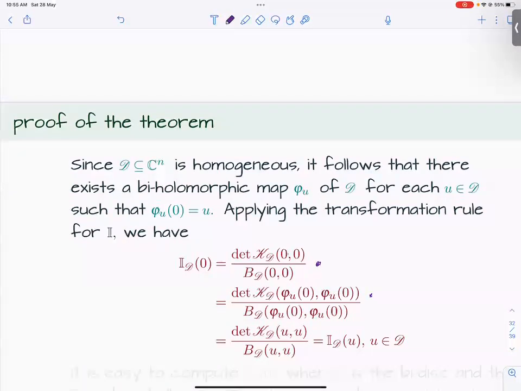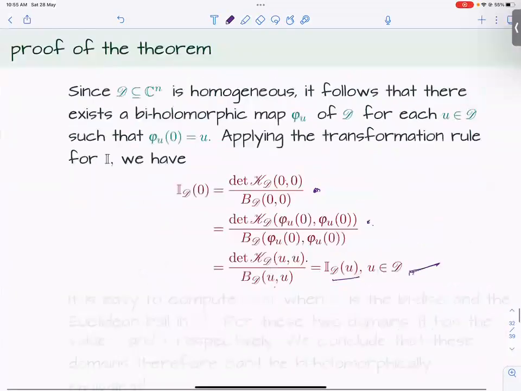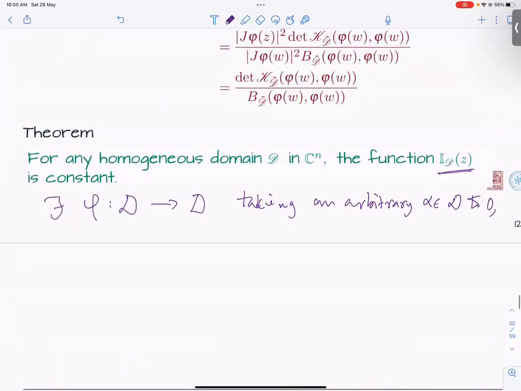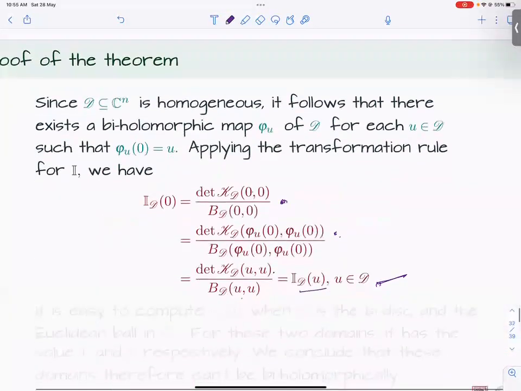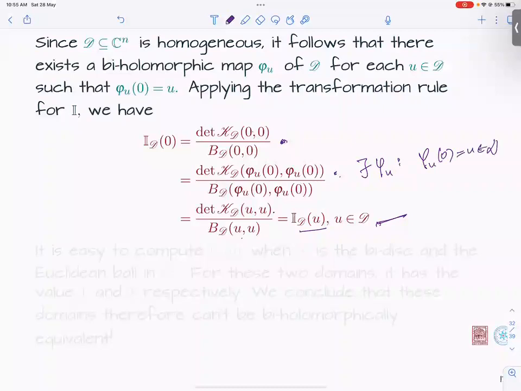If you apply p_u, this and this have to remain the same. But p_u at 0 is u. This is also u, but this is I_D(u), where u is an arbitrary point in the domain D. So whenever there is a p taking an arbitrary point alpha to 0, which is what I have used here, there exists p_u such that p_u(0) is equal to u in D, where u is arbitrary.